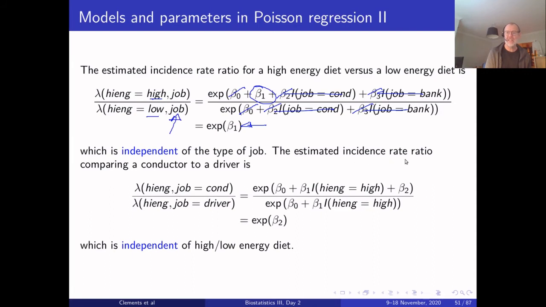So the incidence rate ratio comparing a conductor to a driver for a given high or low energy diet, that cancels out, and we're left with exponential of beta 2, which again is independent of whether they have a high or low energy diet.